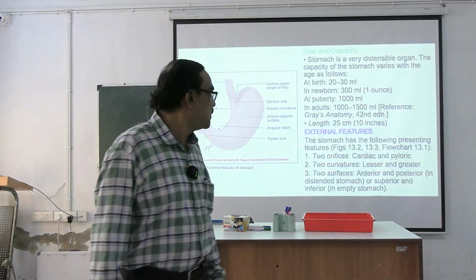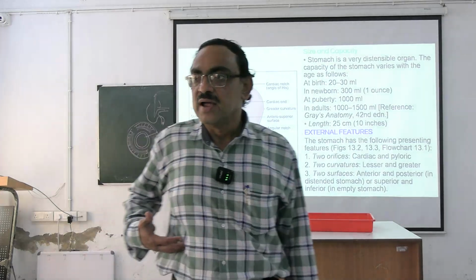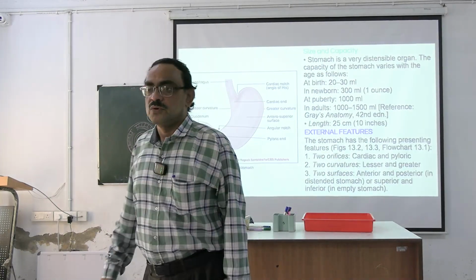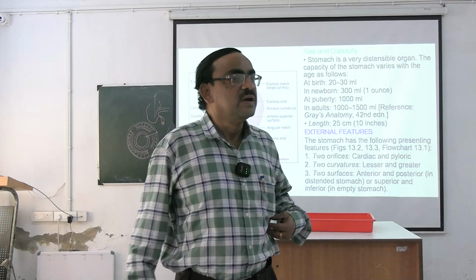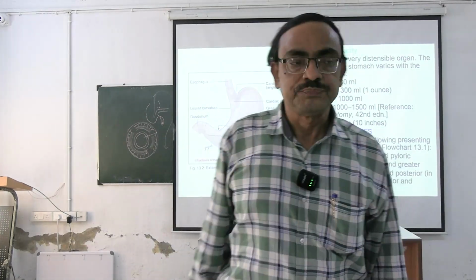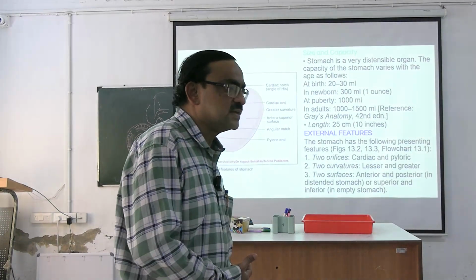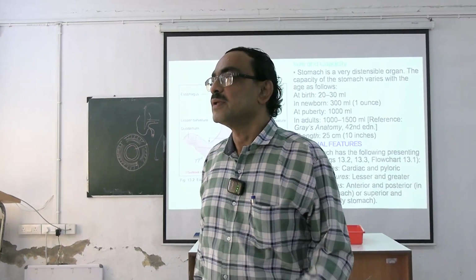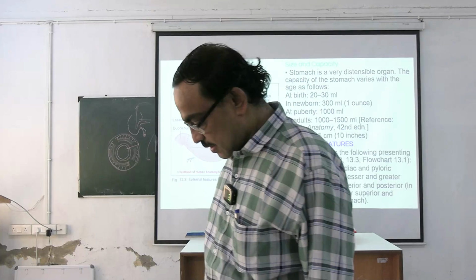So, it occupies the epigastrium, mainly the right hypochondrium, and also a part of the left hypochondrium. I mean, if it sags down, it may reach the umbilical region.